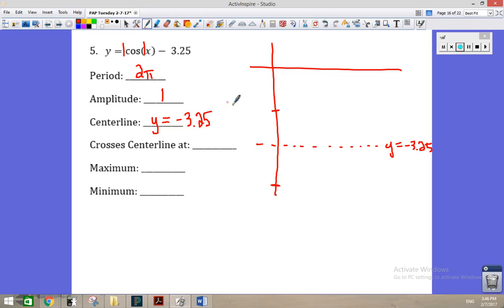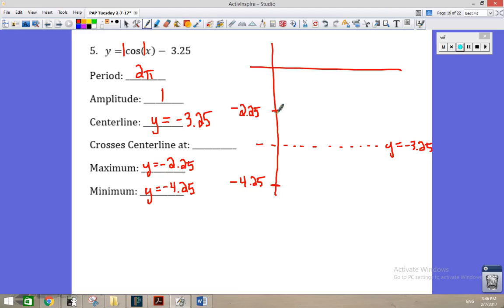So if I add 1 to this, this is going to be -2.25. And if I subtract 1, this is going to be negative 4.25. So my maximum is y equals negative 2.25, and the minimum, 1 unit below my center line, because my amplitude was 1, is negative 4.25.